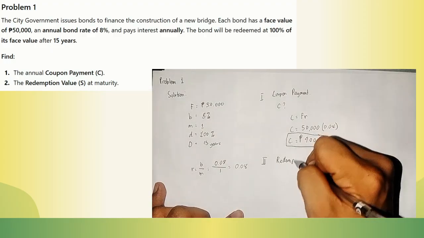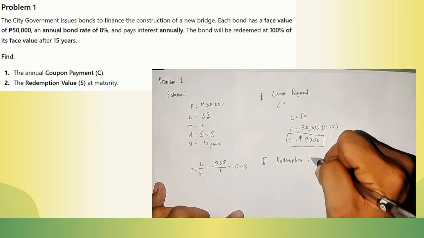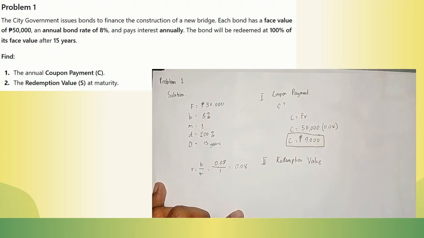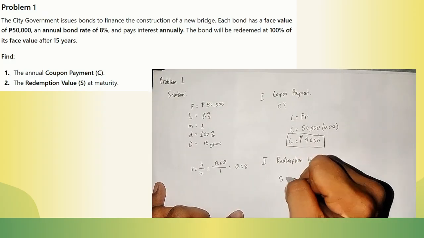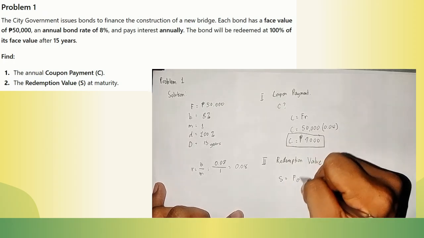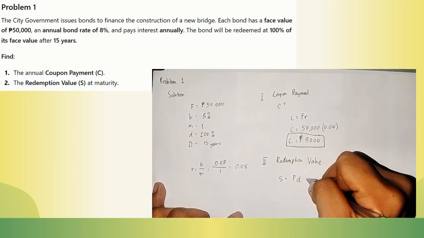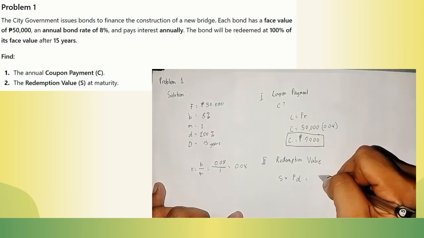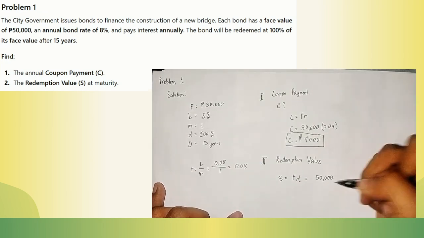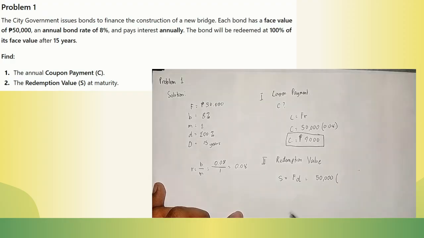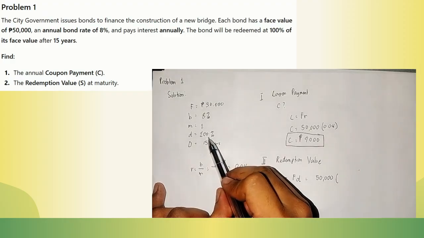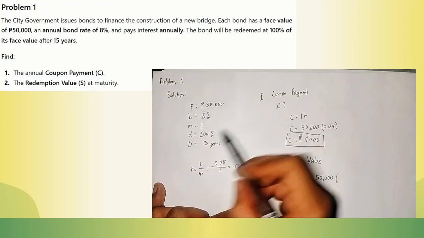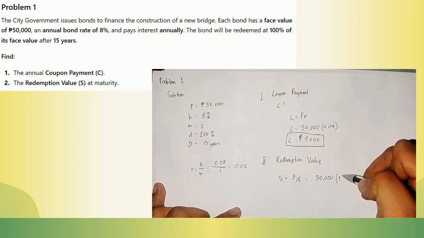Redemption value. In finding the redemption value, we have the formula of S is equals to F D. Now our F again is 50,000, right? Times our D here is 100%, or basically it is 1.